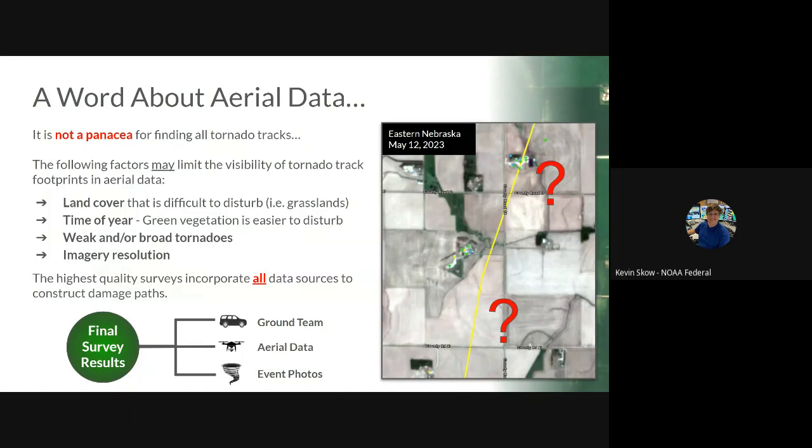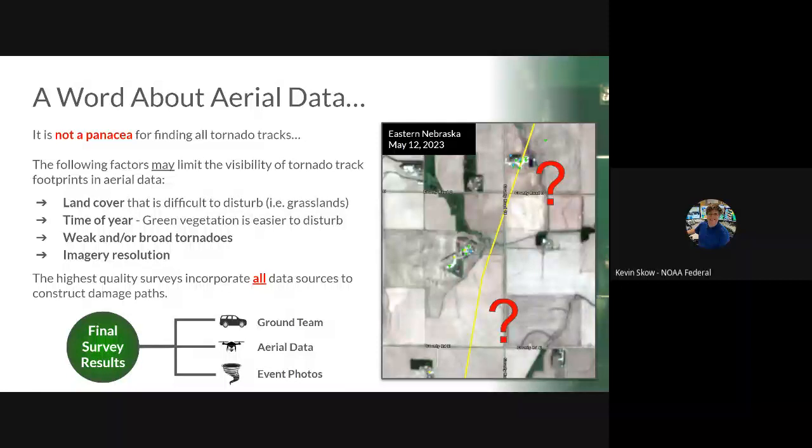When it comes to tornadoes especially, there are a lot of different factors that can limit what you can see in aerial data, most commonly the land cover, especially grasslands and harvested croplands that are difficult to disturb, and the time of year, with green vegetation being easier to disturb. Weak and broad tornadoes, especially with some of the lower resolution data, can be harder to discern in these data sets.